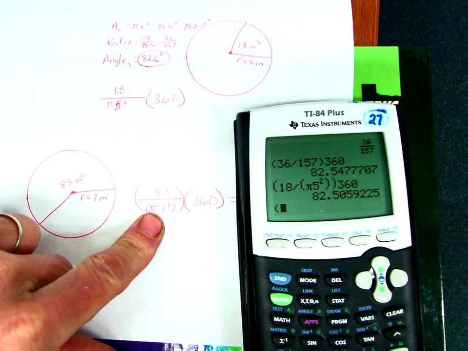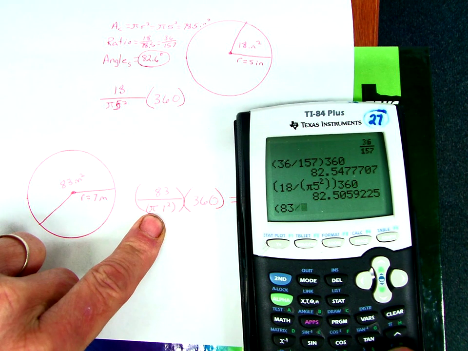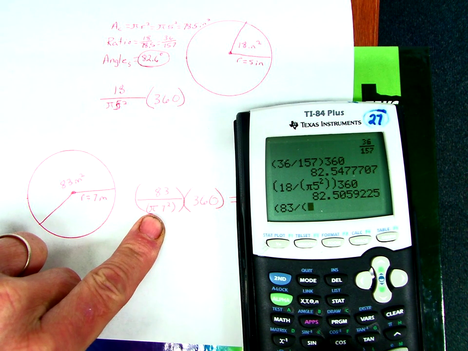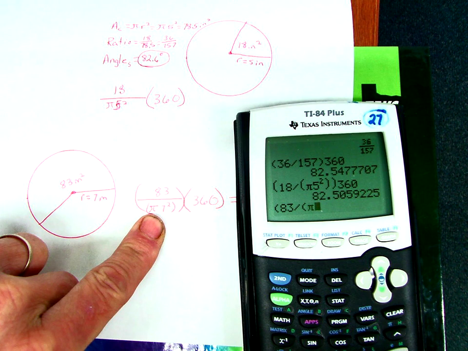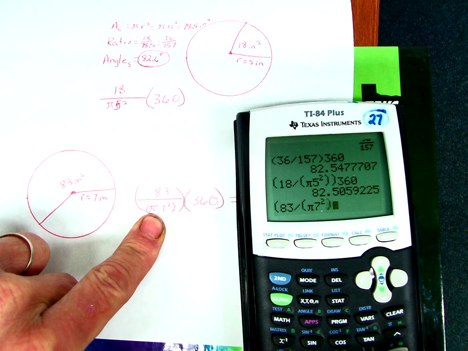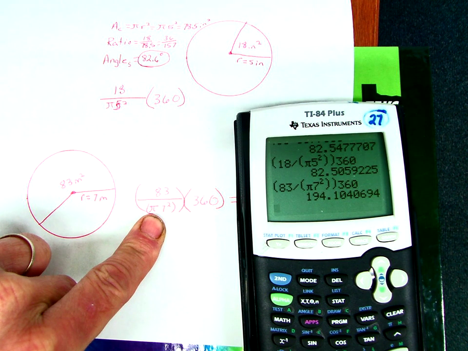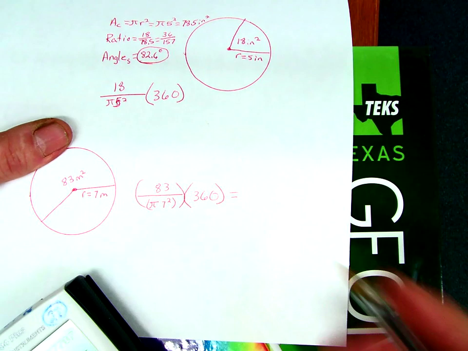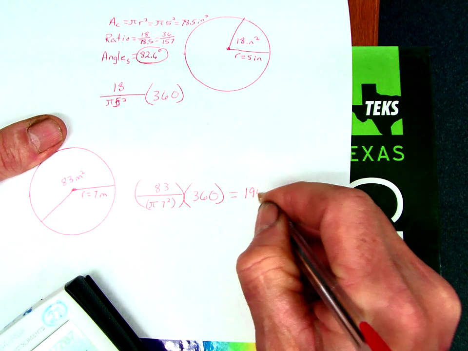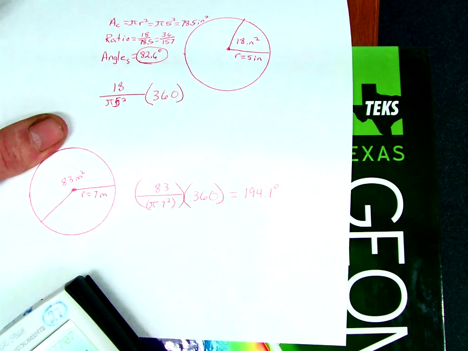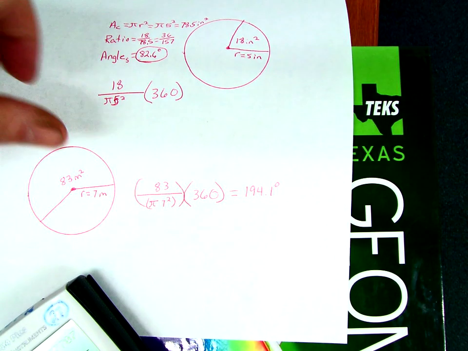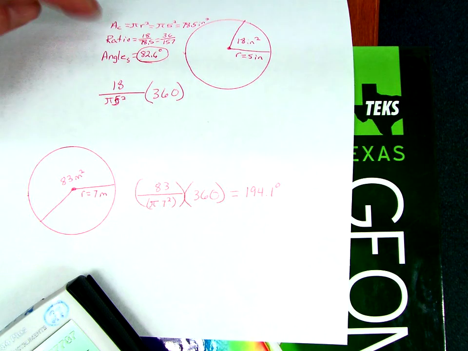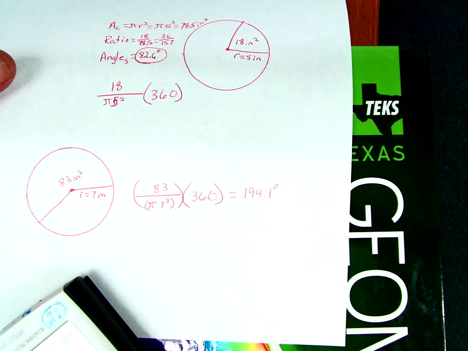So 83 divided by pi times 7 squared times 360. 194.1 degrees. Let's see if I get that same thing doing the separate calculations.